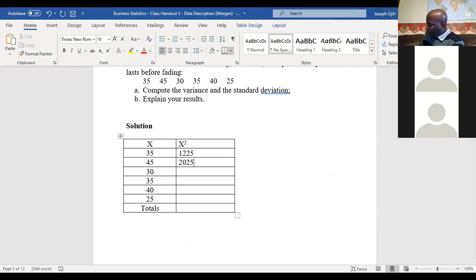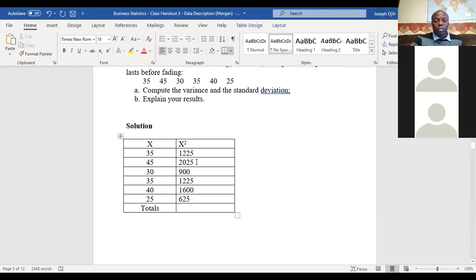Following this method, I got the rest of them. 30 squared is 900. 35 squared, we got it already as 1225. 40 squared, I got 1600. 25 squared, I got 625.